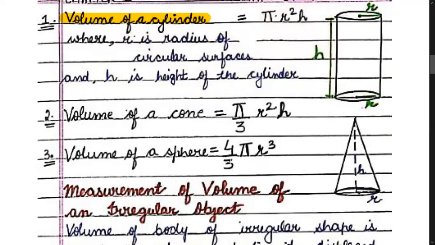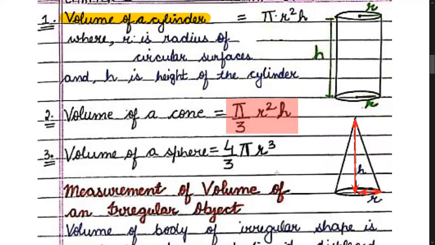Similarly, volume of a cone. Suppose we are having a cone of height h. The height of the cone is h and r is the radius of the base of the cone. The formula of volume of cone will be pi by 3 r square h.